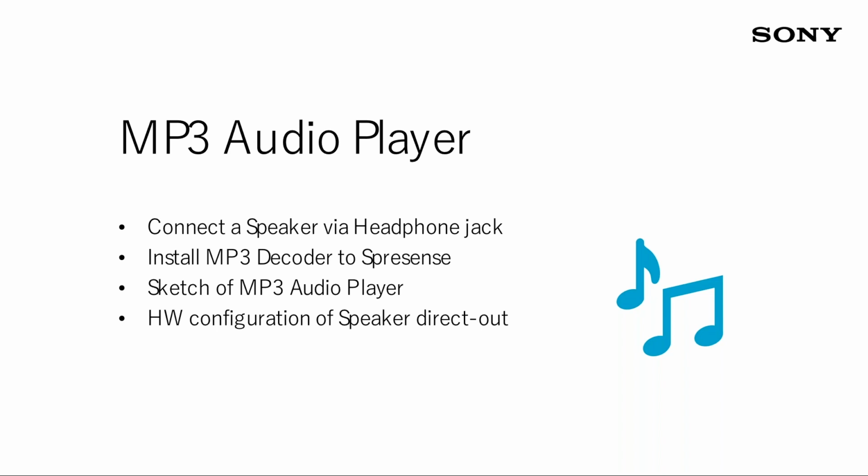You use the extension board and main board, and you need an SD card because your music sits there. You also have to install the decoder, because for audio player, or any recording, the DSP codec should be available on the board, and that is a step that we take.